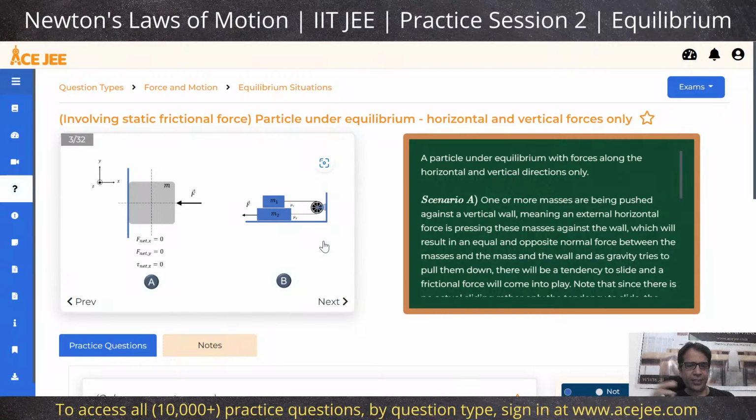So now we'll look at scenarios wherein the body, or I should, in fact, when I talk about the body, I should talk about whether we're talking about a particle or an extended rigid body. What's the difference between a particle and rigid body? So a particle is where the dimensions of the object are fairly small compared to the other dimensions. So you don't need to worry about how things are varying along its own dimensions, right? So then it'll be a particle.